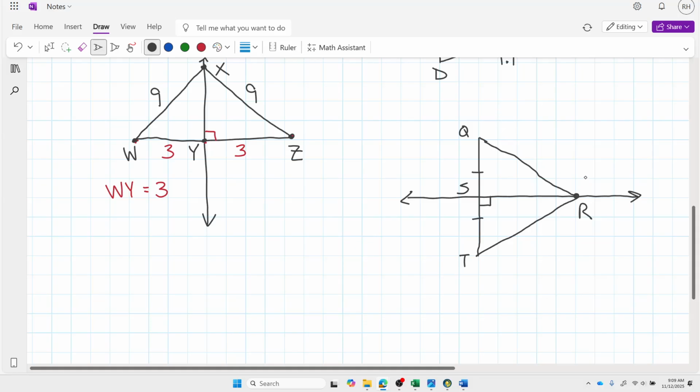So based on this information, if QS is the same distance as ST, and RS intersects it at 90 degrees, it's a perpendicular bisector. And R is the same distance from Q as it is from T. But now you're given Q to R as 2x plus 3, and T to R is 4x minus 7. And you're asked to find R to T.